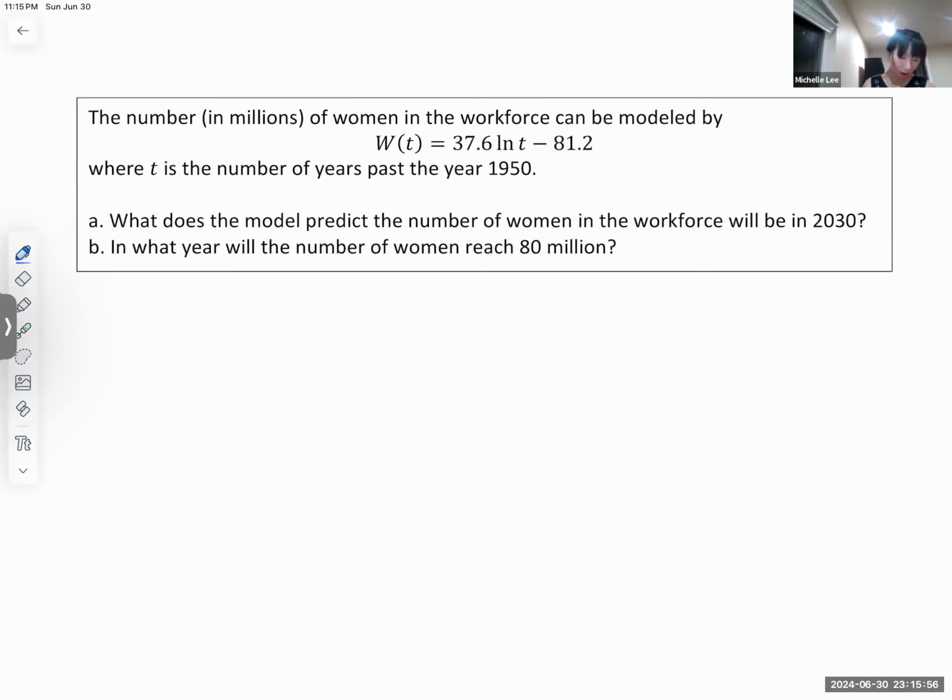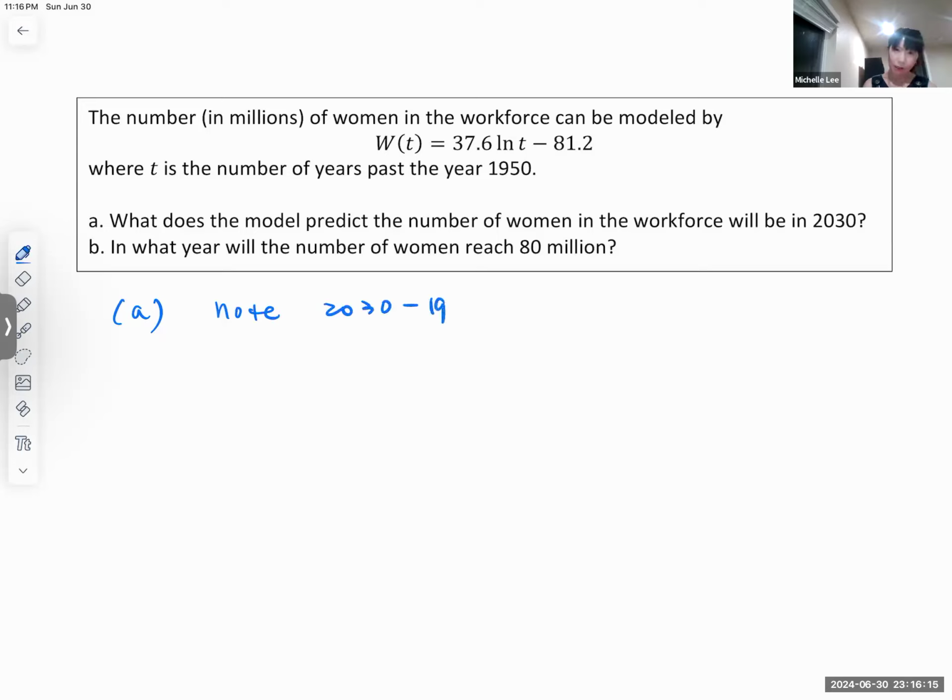So the first one, what does the model predict the number of women in the workforce will be in 2030, right?